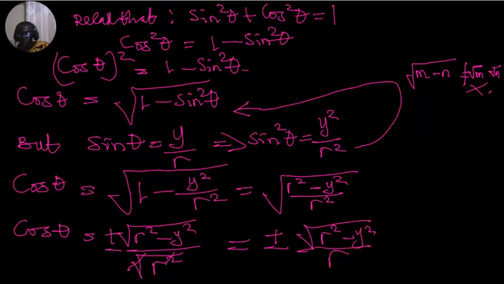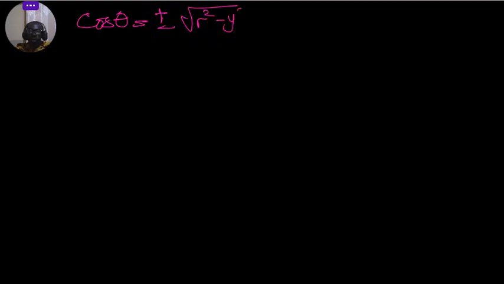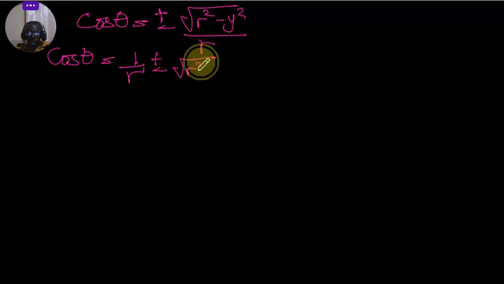Now, this is looking like 1 over r, so you have cos theta equals 1 over r, with plus or minus the root of r squared minus y squared. Keep this as equation star star.